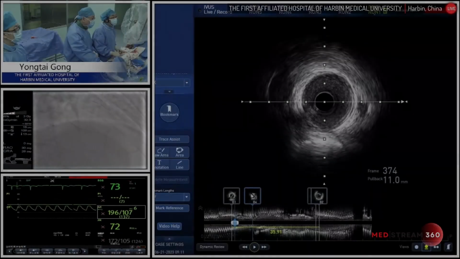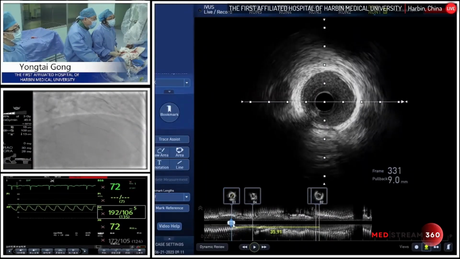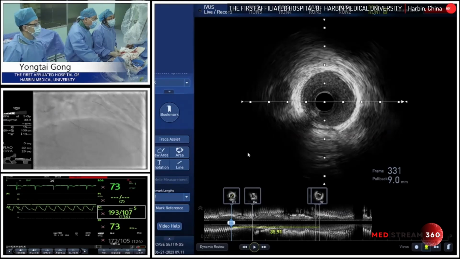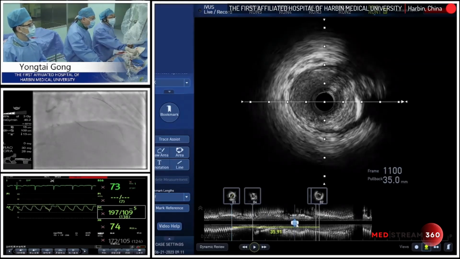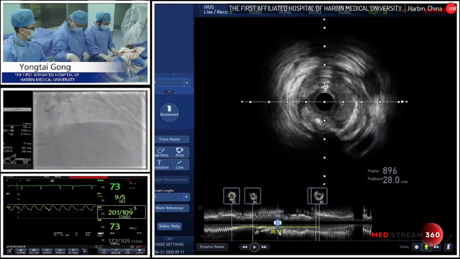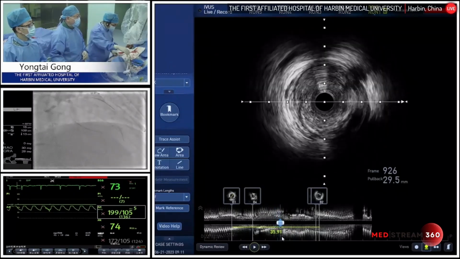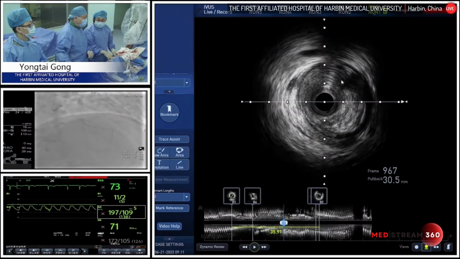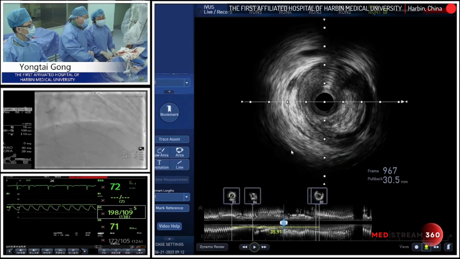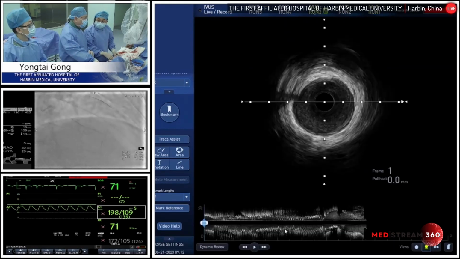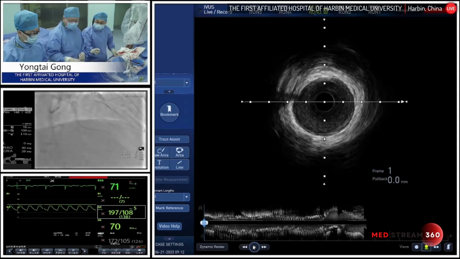We can see that this is a relatively 2.5 to 7.5 vessel in the mid part of the circumflex. And this is before the stenting, after the pre-dilation, since this is a very severe, heavy plaque burden, a long, relatively diffuse lesion. Let's check the final stenting result of the circumflex.